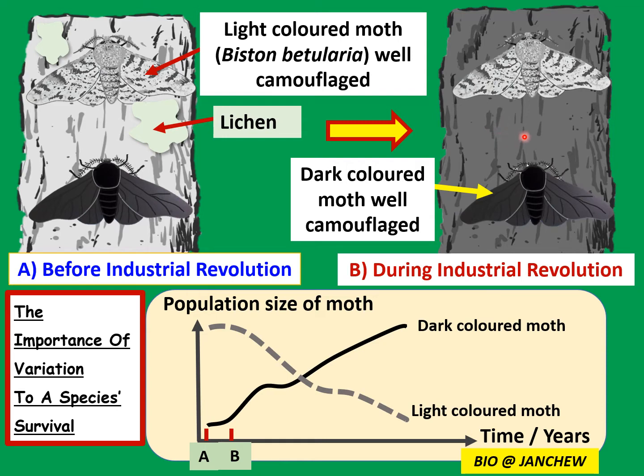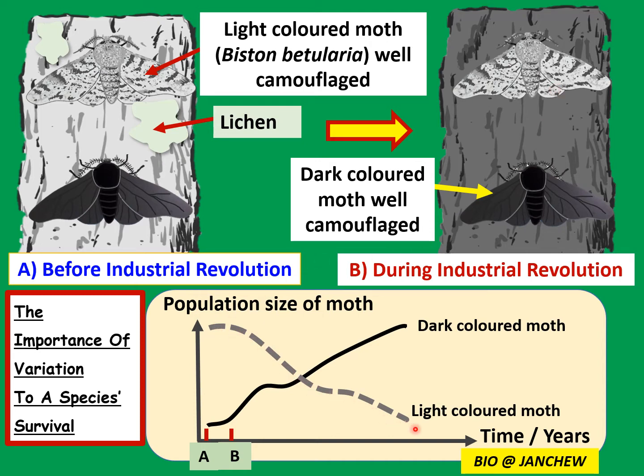Because of the dark-colored bark, it is the dark-colored moth that became well camouflaged, and the light-colored moth was now exposed. It became more obvious to the predators.